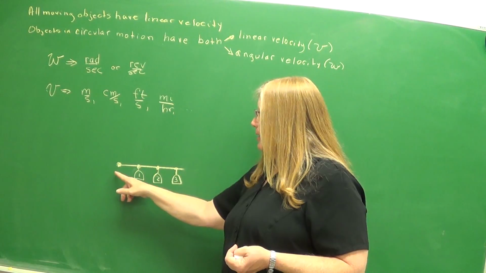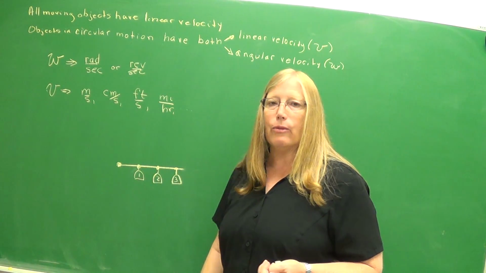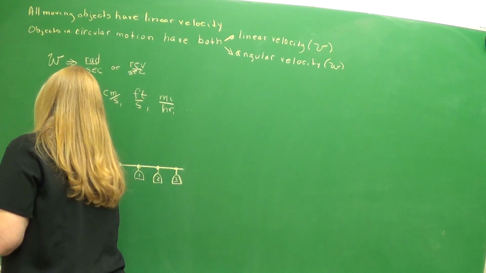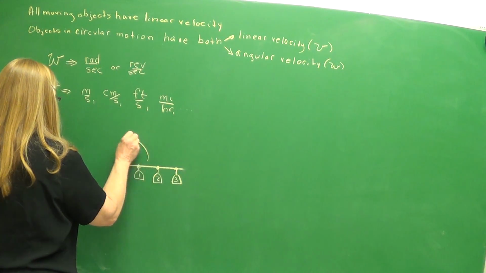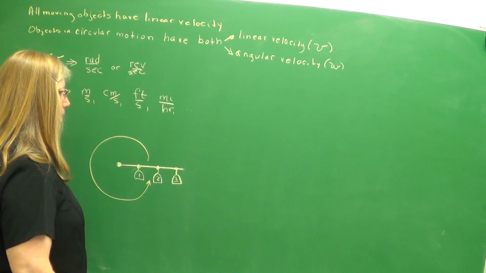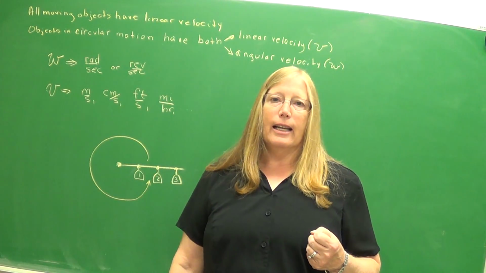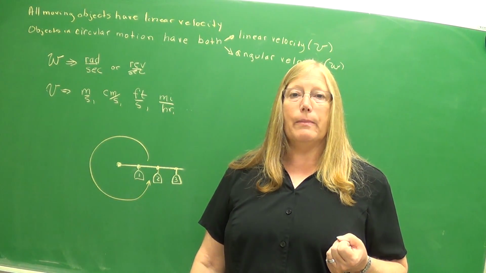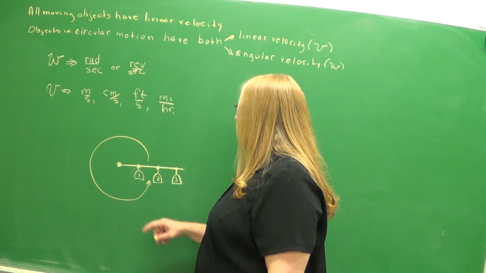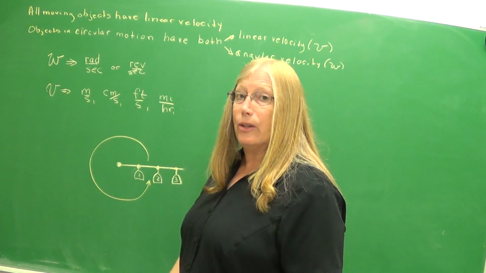Here I have a string, and I've connected three objects to the string. I'm going to spin it, and as I do that, I was wondering, what is the angular velocity of object 1 as compared to 2 and compared to 3? Well, object 1 is going to go around in one entire circle.